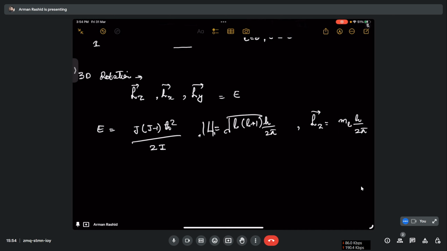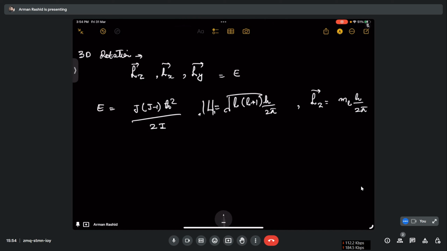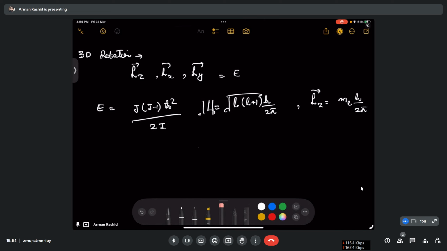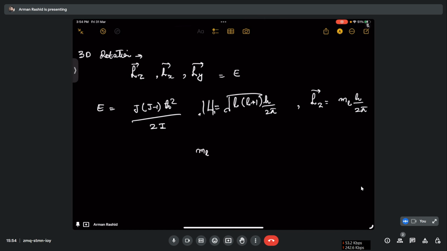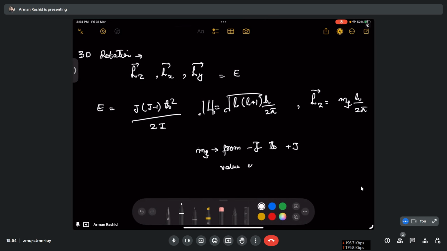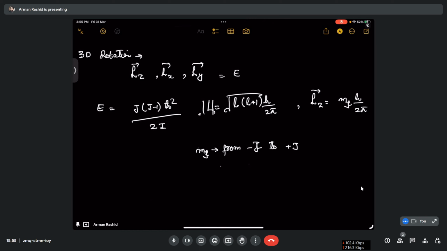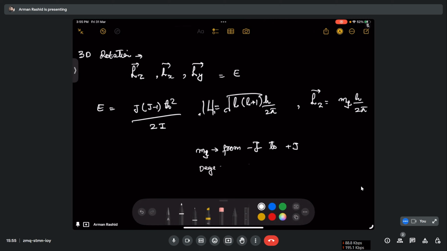Now this ml, or you can write mj, it's okay, changes from minus j to plus j. So the degeneracy of these levels is 2j plus 1.